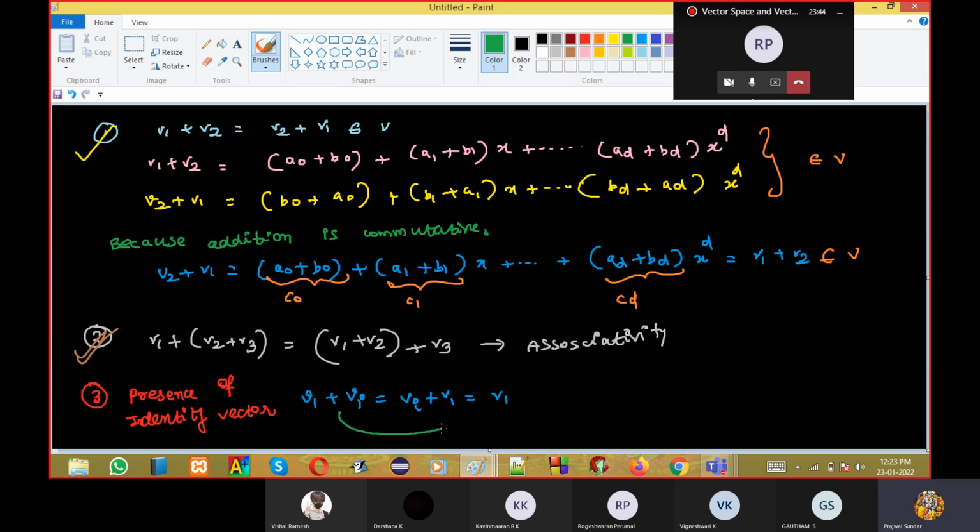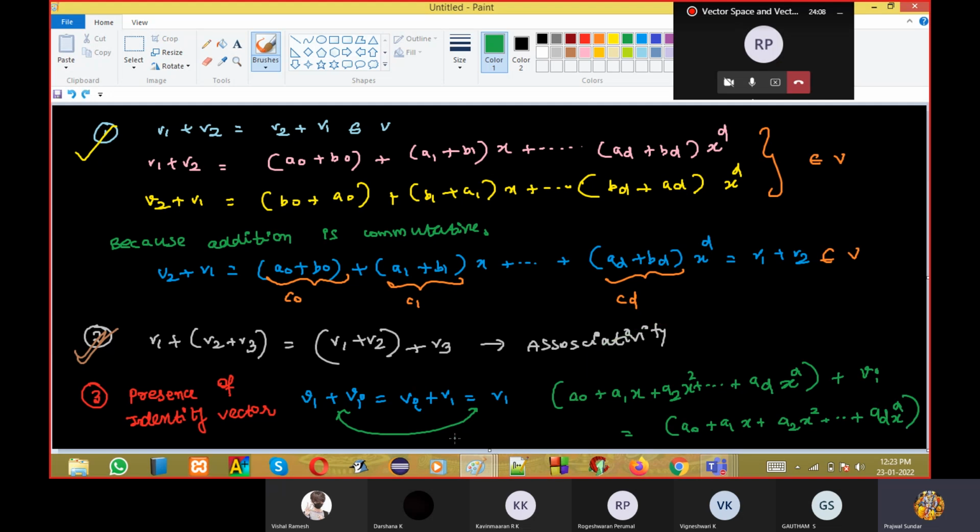I'll take these two equations. If I take these two equations, v1 will be a0 plus a1x plus a2x squared till ad x power d, plus vi, should be equal to a0 plus a1x plus a2x squared till ad into x power d.